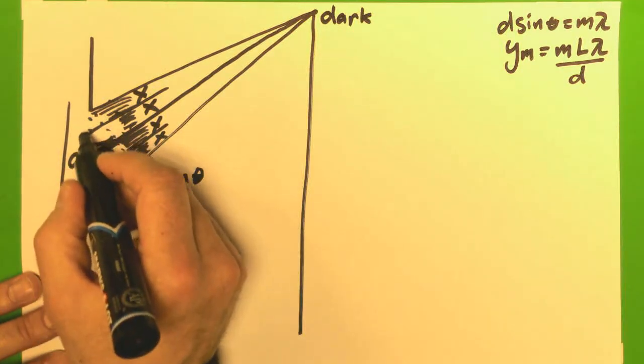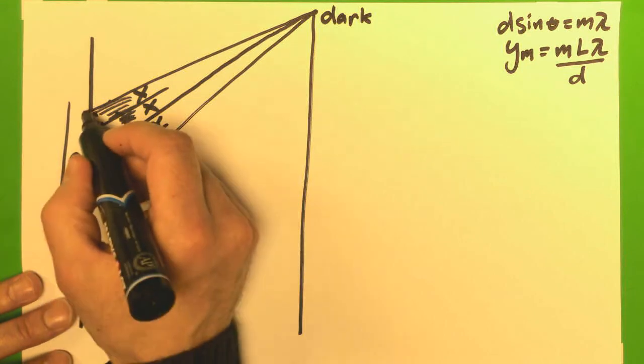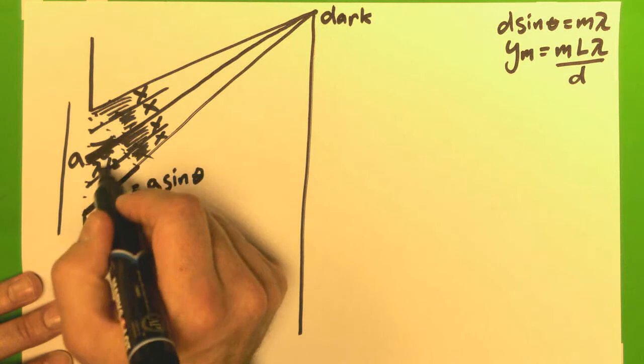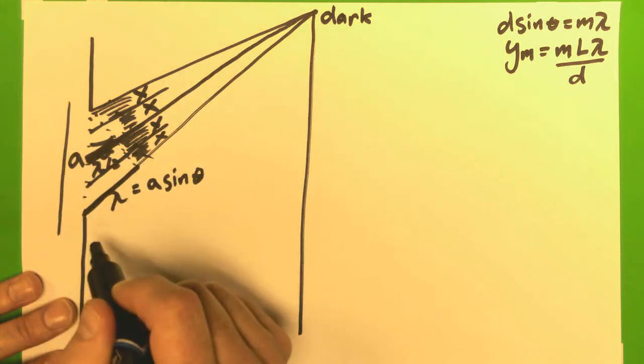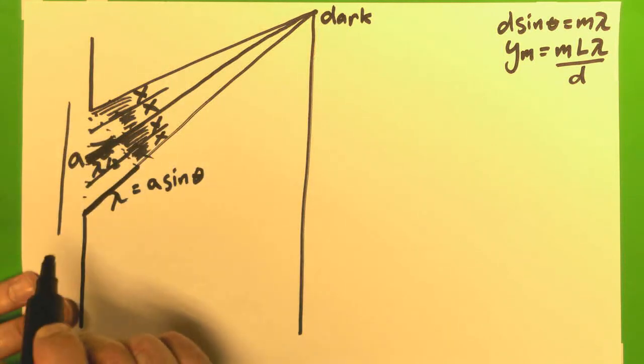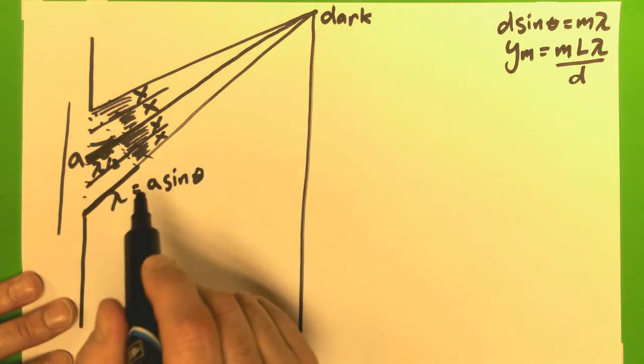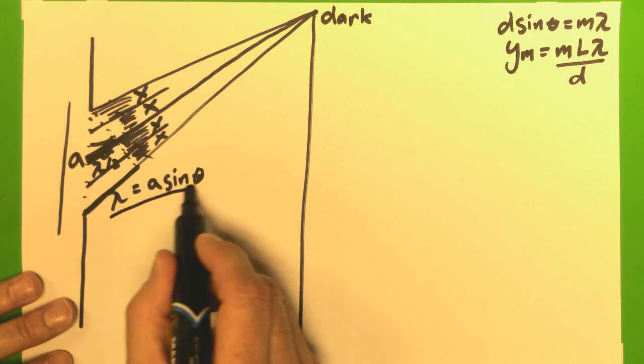When this was filled with an opaque screen, so I only had light coming from here and here, then I got a bright spot because I didn't have all these ones to cancel them out. But with all those now open and many photons available to interact, I end up with a dark spot for the same condition.